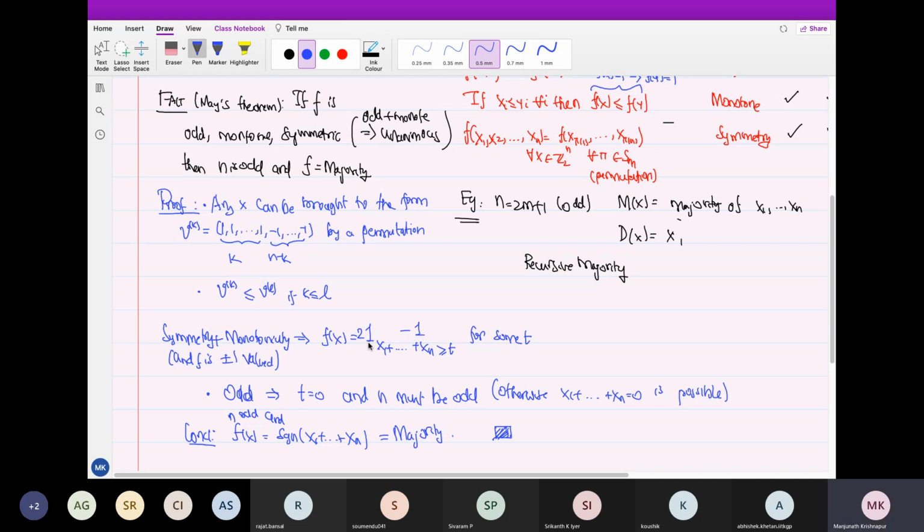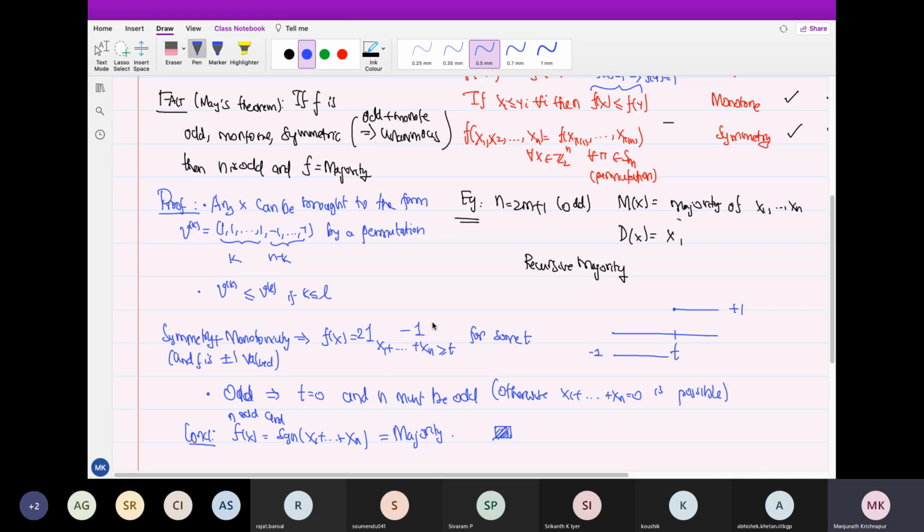If it was 0, 1 valued, it would be the indicator of x1 plus up to xn greater than or equal to t. But what I want is the values to be 1 and minus 1, so I just transform it to 2 times that minus 1. You're right, I should have said it that way. Now it is clear. From t onwards it is +1 and below t it is -1.